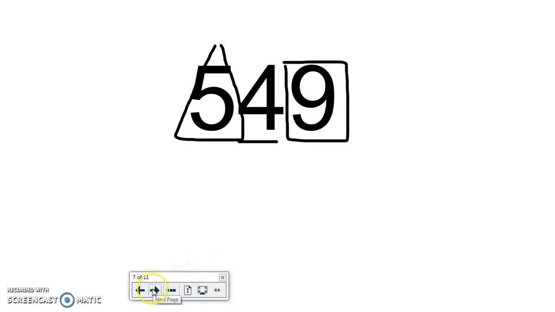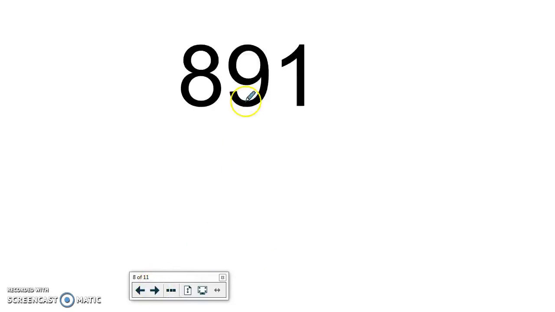So erase your board. Write 891 on your whiteboard. This time I want you to put a circle around the digit that's in the hundreds place. Then I want you to put a line under the digit in the ones place.